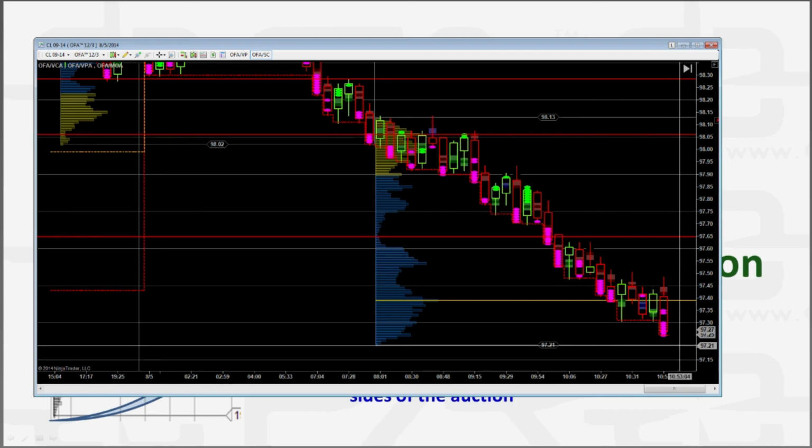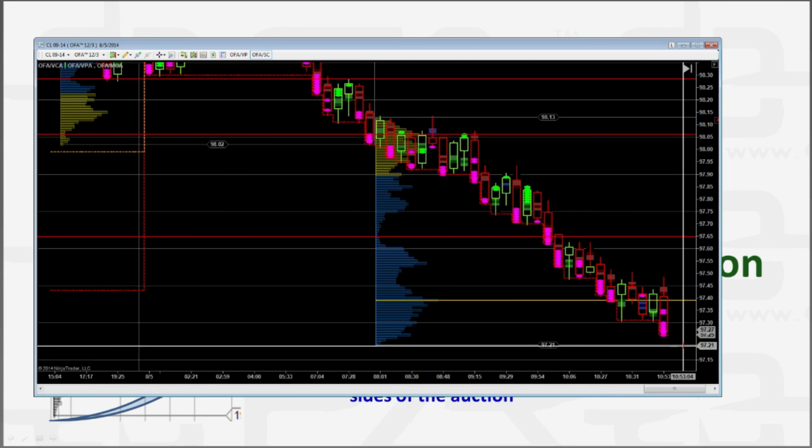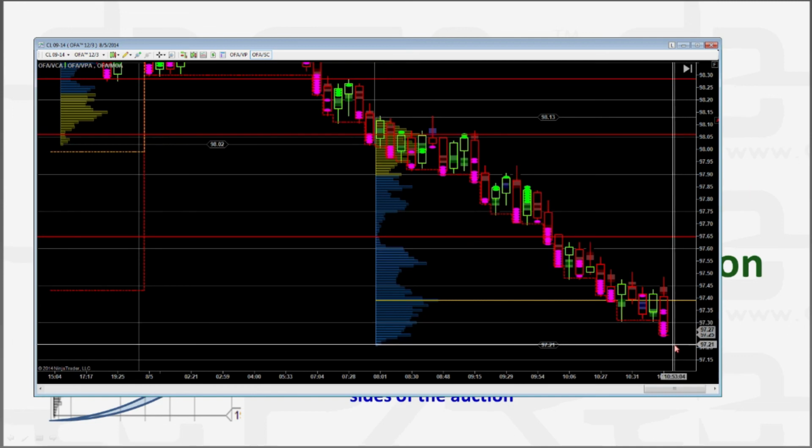You've got to be careful with oil. A lot of times, one of the nuances of this instrument is you go 3 ticks down below this level and 20 ticks in the other direction. Taking breakouts on oil can be one of the most pleasant, joyous, fantastic rides you've ever had in your life, but a lot of times it can be the most painful, frustrating experience you will have in trading as well.